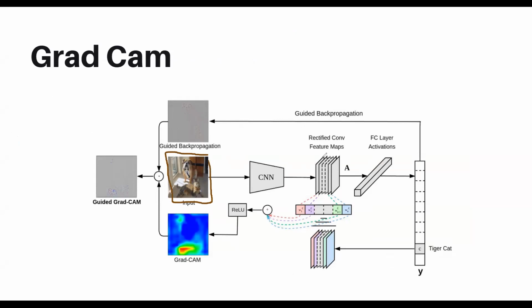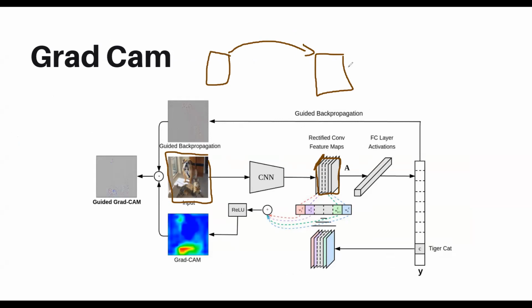Now, a very good question here would be, the size of this image is not the same as the size of these rectified convolutional feature maps, right? Because the input of a convolution is always bigger, or at least the same size as its output. So this is the output of a convolutional operation.